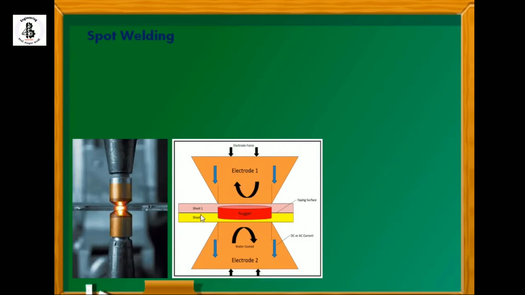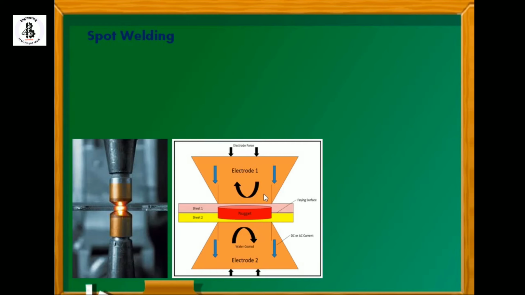So this is the basic working principle. Electrode number 1 is movable, electrode number 2 is fixed. If you are controlling the temperature, sometimes it is also facilitated with a water cooling mechanism.